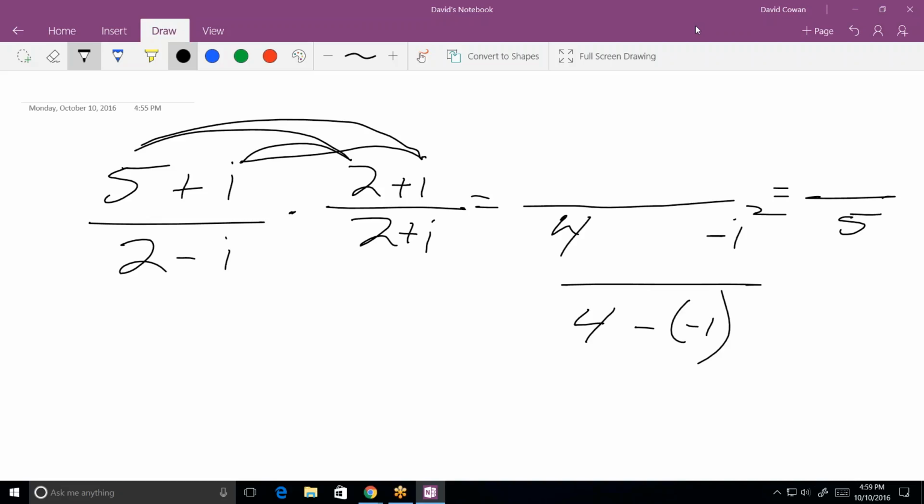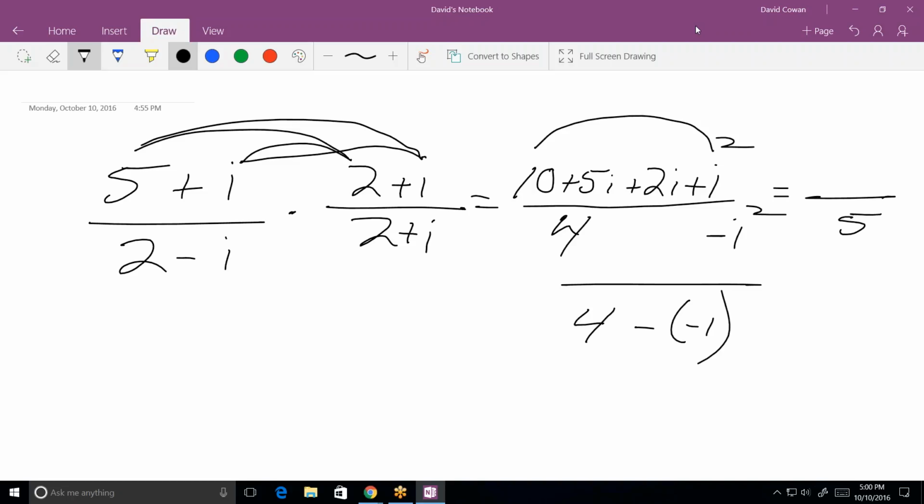All right, so it'd be 10 plus 5i plus 2i plus i squared. Now reduce that. You can combine the i's and you can combine those two terms.